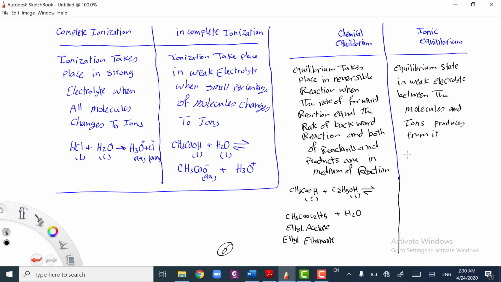An example, the acetic acid liquid plus the water liquid, giving us forward and backward, giving us the acetate ions plus the hydronium ions.